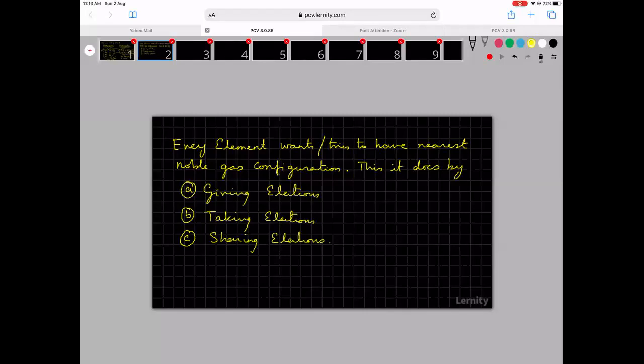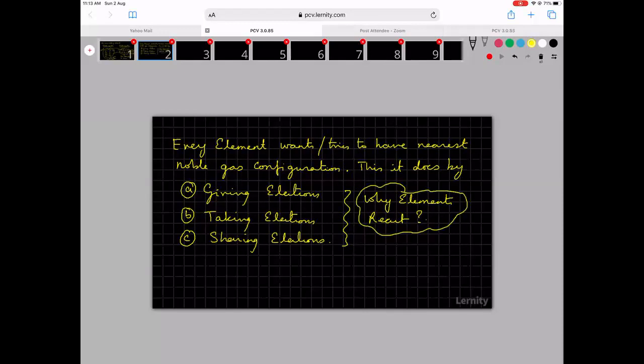Okay, so we will make a note of this, and this is the fundamental reason why elements react. So if somebody asks you, why do elements react? Elements react because they want to have nearest noble gas configuration.